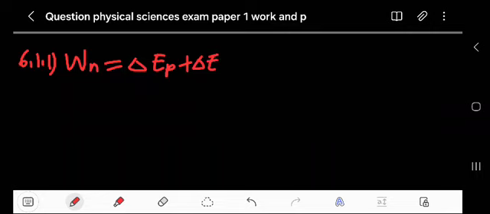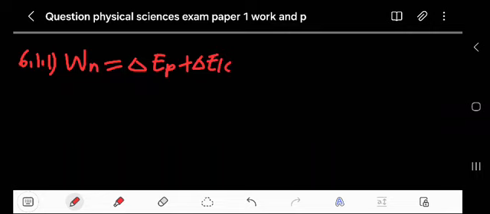So we use the WNC formula because I have non-conservative forces. The WNC formula is the change in EP, which is potential energy, plus the change in EK.